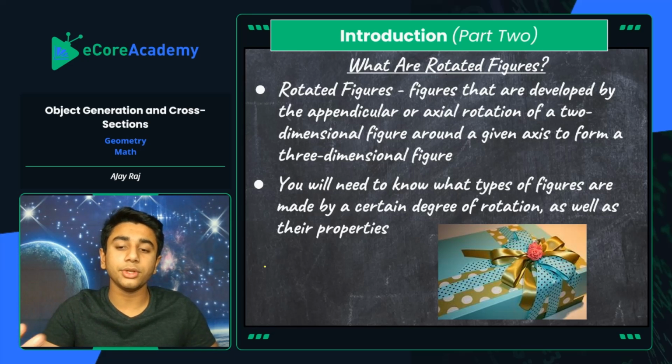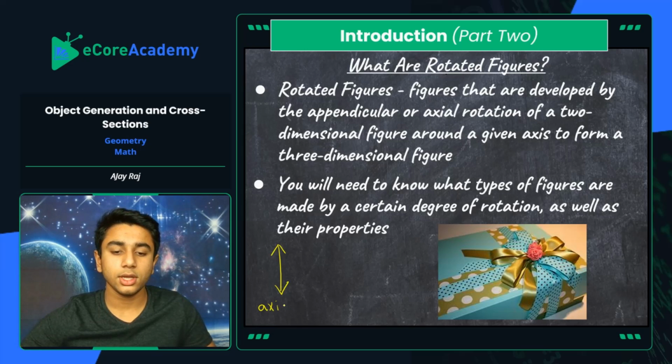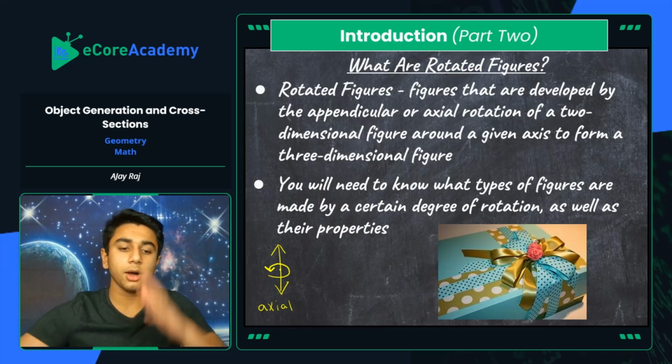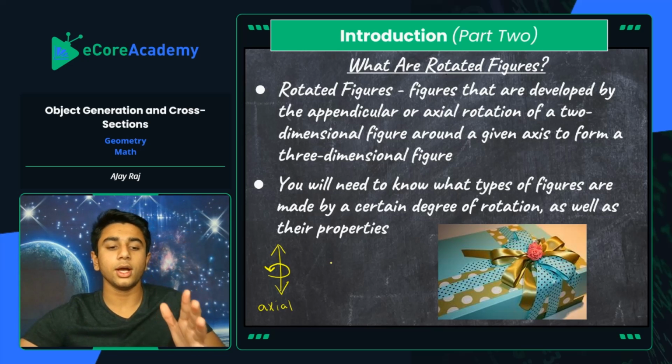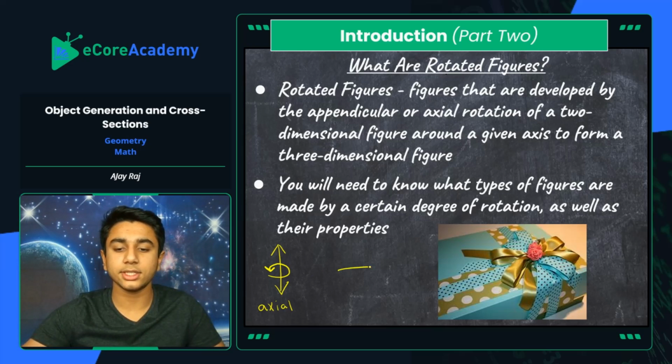What I mean by appendicular and axial rotation is that axial rotation has to do with your up and down axis. So say, for example, this is an axial axis. This is when your figure is going to be rotating around this up and down vertical axis. But an appendicular rotation would be when you have an axis that's actually going sideways.